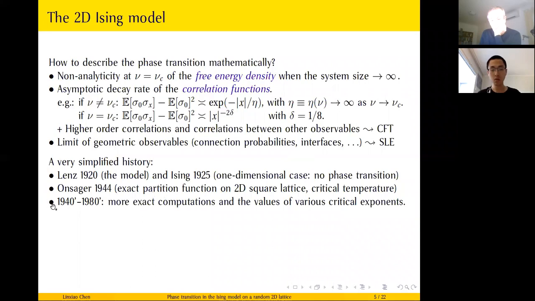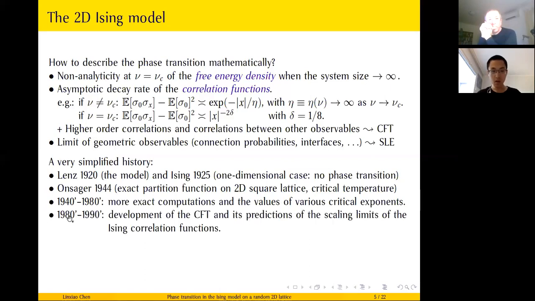And this was followed by more exact computations and the values of so-called critical exponents of the model. And the 80s and 90s saw the development of the theory of CFT that was mentioned above.